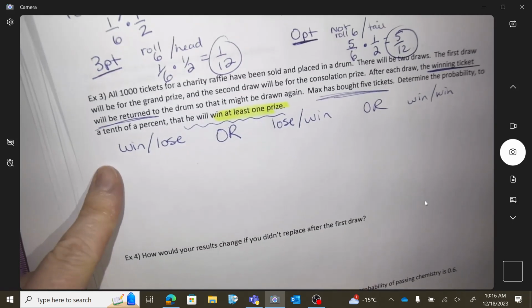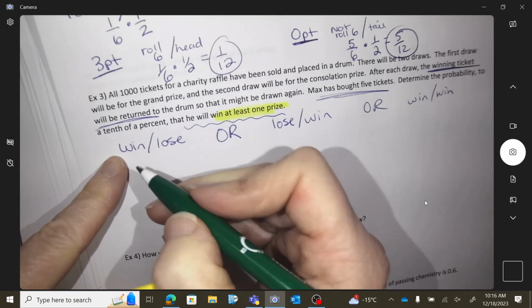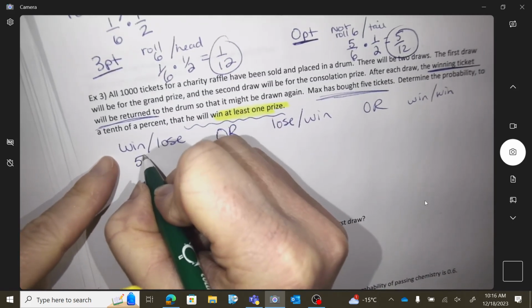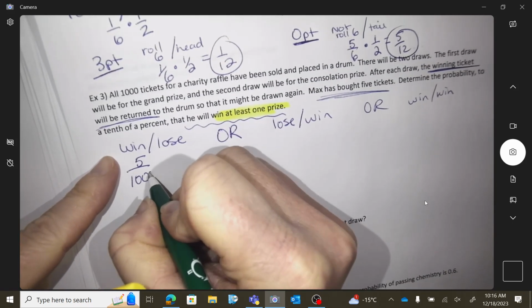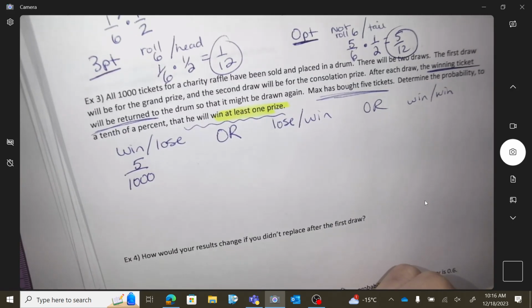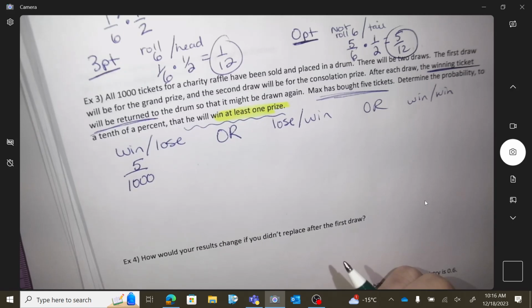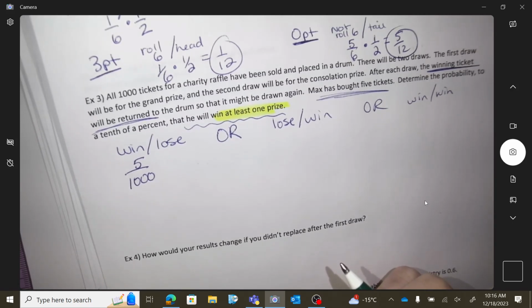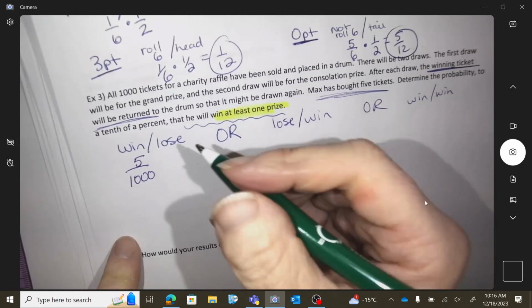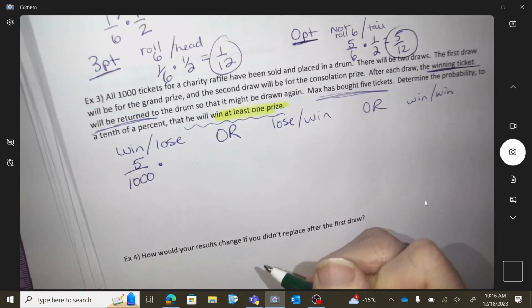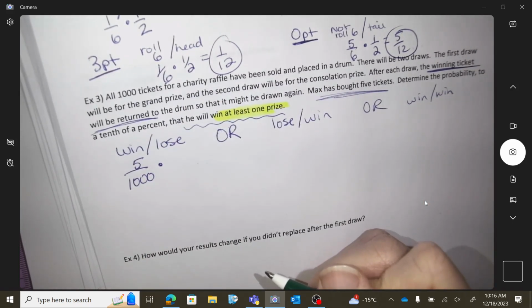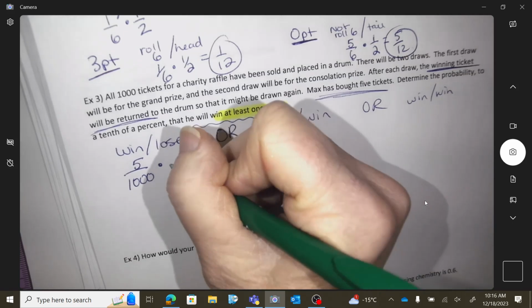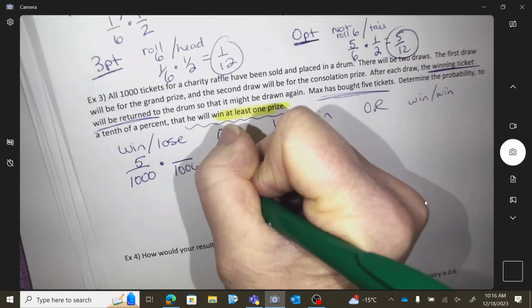Okay, so what's the probability of him winning? 5 of his tickets out of the 1,000. Remember that we replaced the ticket. The ticket got put back in. So now on the redraw, what's the chance? There's still 1,000 tickets in there, right?